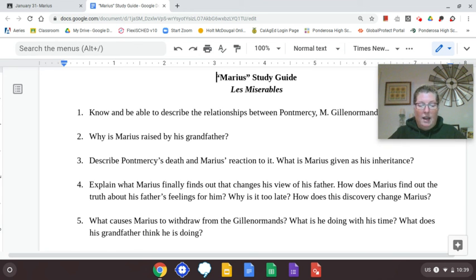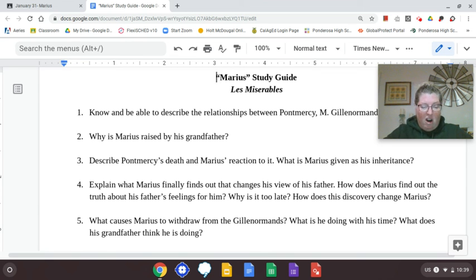And as soon as the grandfather sees this, he just feels betrayed. This would be like if you had kept a secret from your parents and then they found out. He feels hurt. He can't believe that Marius would lie to him, not tell him what he had been doing.